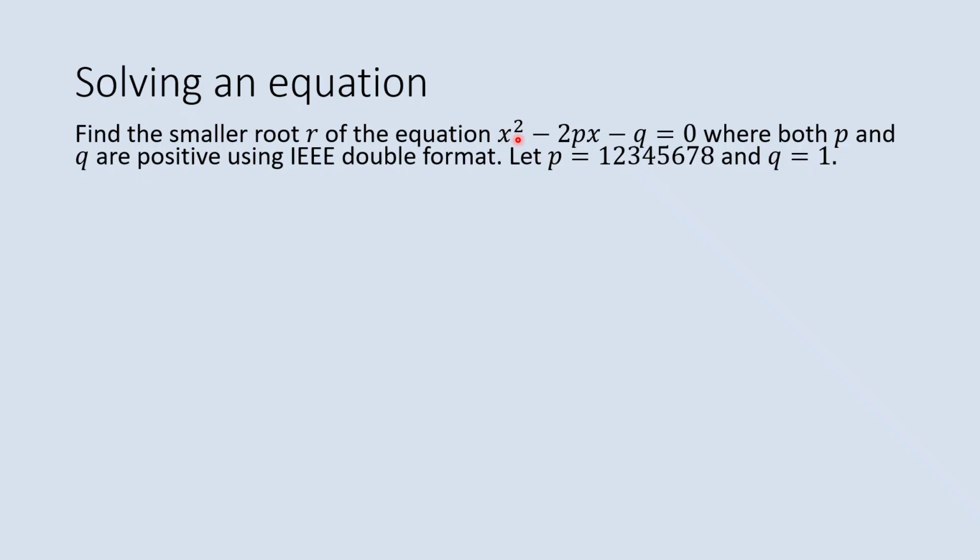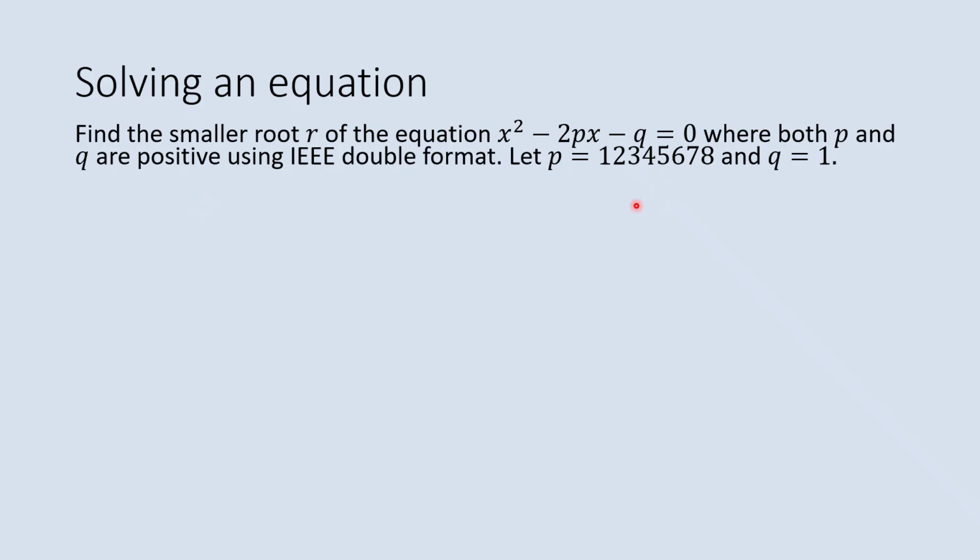It's a quadratic equation where the leading coefficient is 1. So we have x squared minus 2px minus q equals 0. And we have the condition that both p and q are positive in our calculation. So we know there's a quadratic formula that applies in all cases, and we're just going to look at this one very specific type of quadratic equation to see what can go wrong, to see what can happen.